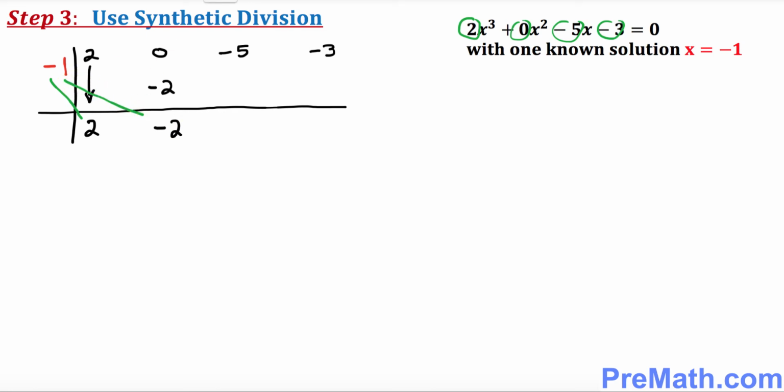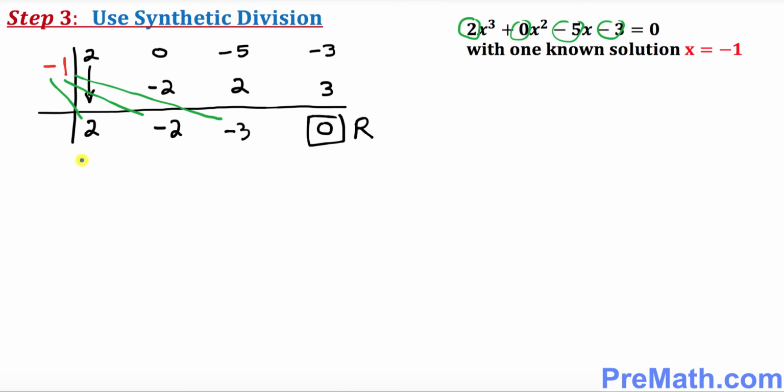Negative 1 times negative 2 is going to be positive 2. Negative 5 and 2 makes negative 3 when you add them. And finally, once again, negative 1 times negative 3 is going to give you positive 3. When you add negative 3 and positive 3, that's going to give you 0 as remainder.